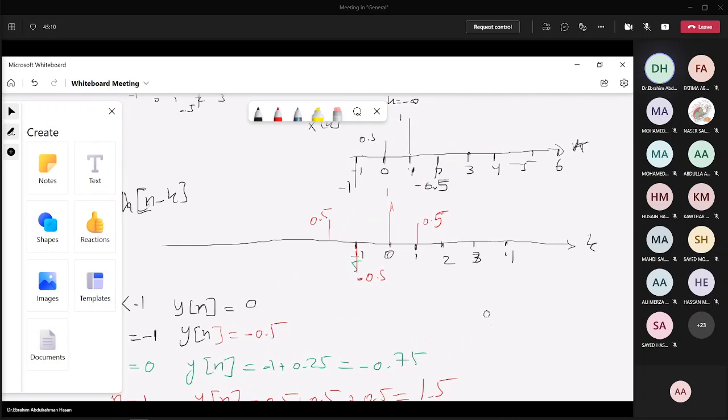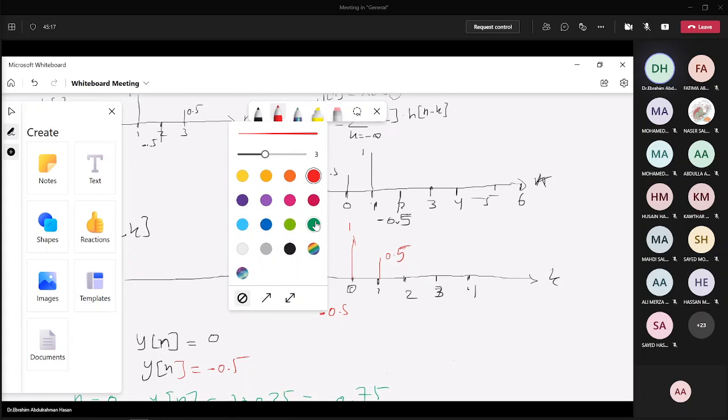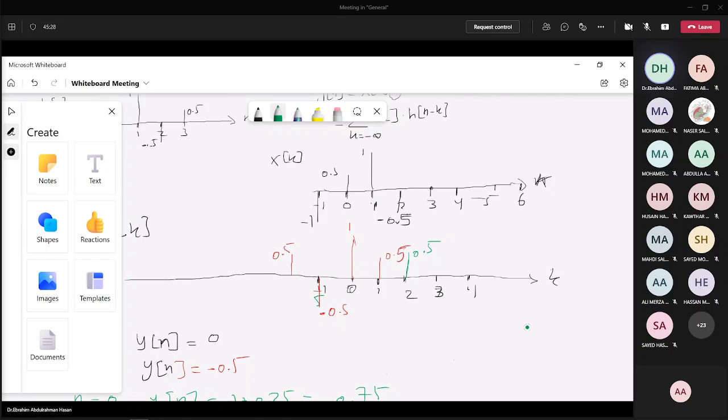I'm done, move again. Go again to green. So then 0.5 shifted to the right, so this one will be 0.5 here. Now this one will be 1. And this one here, minus 0.5. And 0.5 will be here.